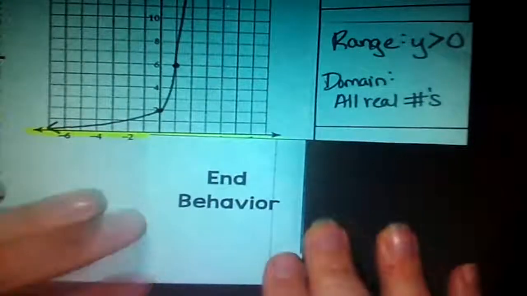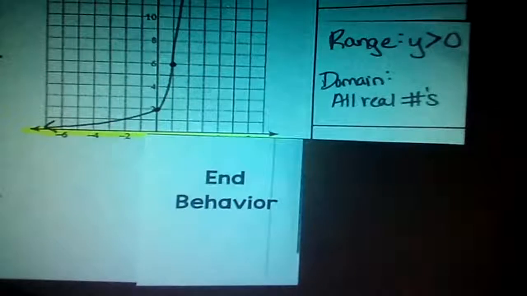Okay, the last thing we're going to talk about is something called end behavior. End behavior is telling me what is happening to your y's as x approaches something. So, we said, as I go to the left, my x is approaching negative infinity.